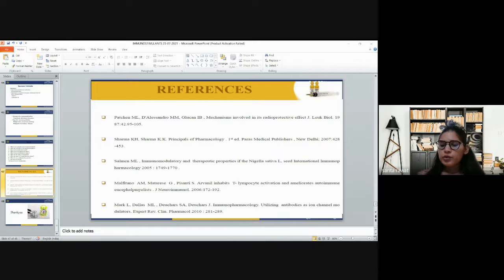So our immune system should be very strong. In immunopharmacology we study all the effects of drugs that modify the immune system in the body, and it also includes autoimmune disorders, allergic reactions, and cancer.